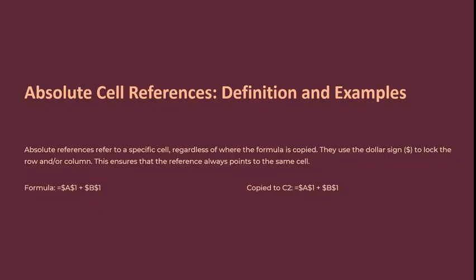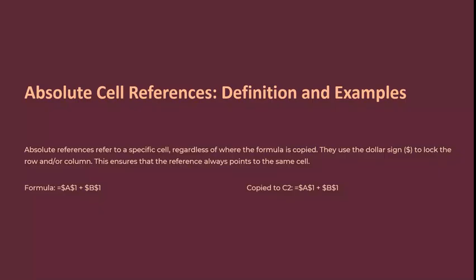We can lock the row, we can lock the column. In the cell reference, the A represents a full column, 1 represents a full row. So we can lock either the column or the number. This ensures that the reference always points to the same cell.